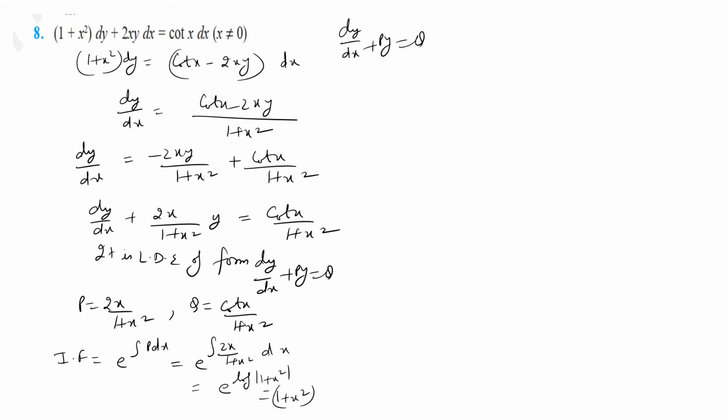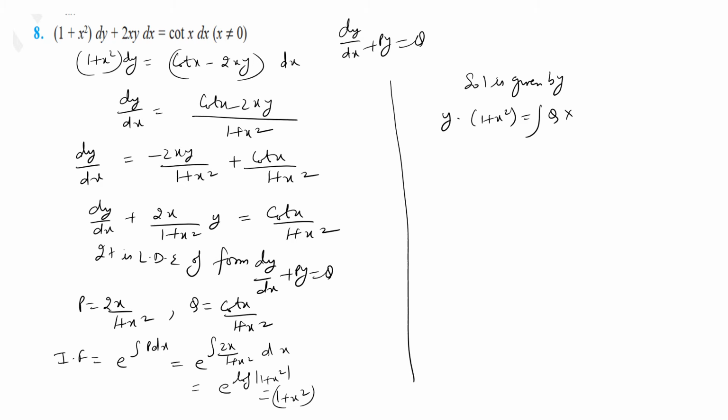E and log will get cancelled, and 1 plus x square is the integrating factor. So the solution is given by y into integrating factor, 1 plus x square, equals integral of q into integrating factor, 1 plus x square, dx, plus c. So who is q here? Cot x upon 1 plus x square into 1 plus x square dx plus c.